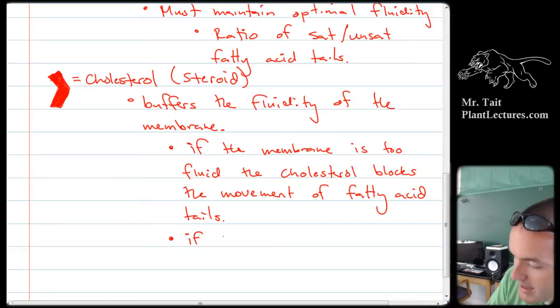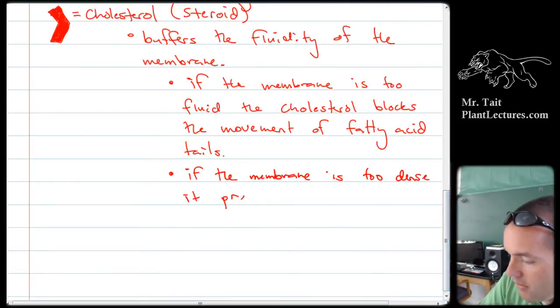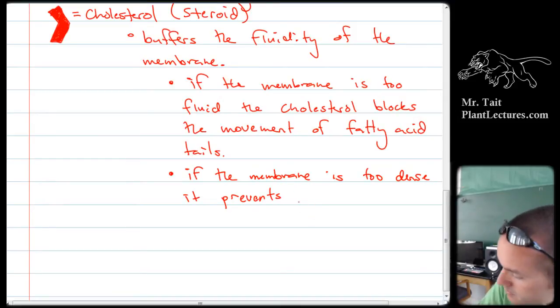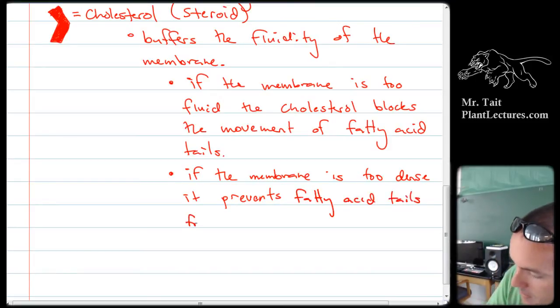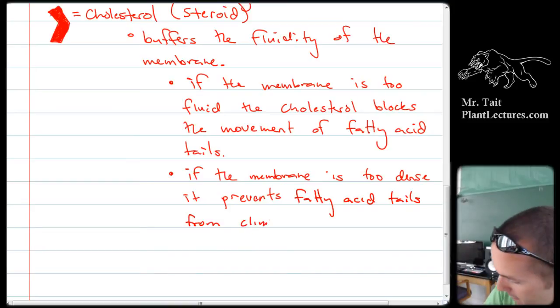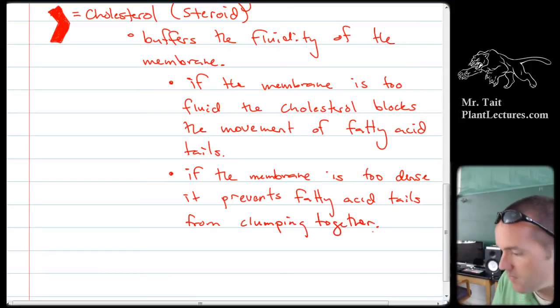Say if the membrane is too dense, it prevents the fatty acid tails from clumping together. Okay, and so that's going to stop it from getting too dense or too close together.